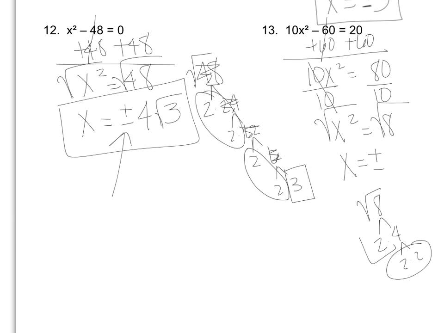We have a pair of 2's, and we have a 2 left, so that stays under the radical. So positive and negative 2 square root of 2 would be your solution. And you could plug those back into the equations there and check it and make sure that it's true. So your square root method only works whenever you have an x squared and you're missing the x. Okay?